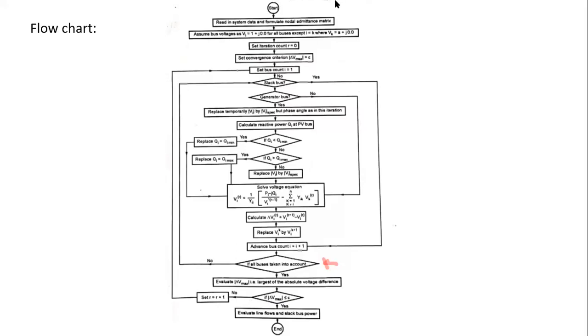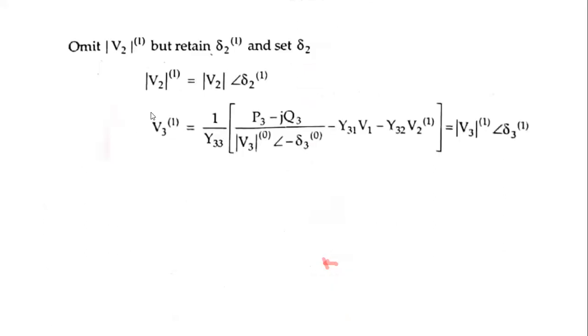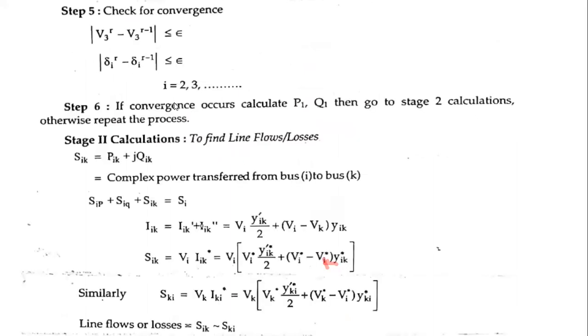This is the Gauss-Seidel method for the determination of voltages, active powers and reactive powers for the iteration values. In those formulas, we take only the first iteration, that is V2 of 1 and V3 of 1. Similarly, after the second iteration we calculate V2 of 2 and V3 of 2, the second iteration formulas.